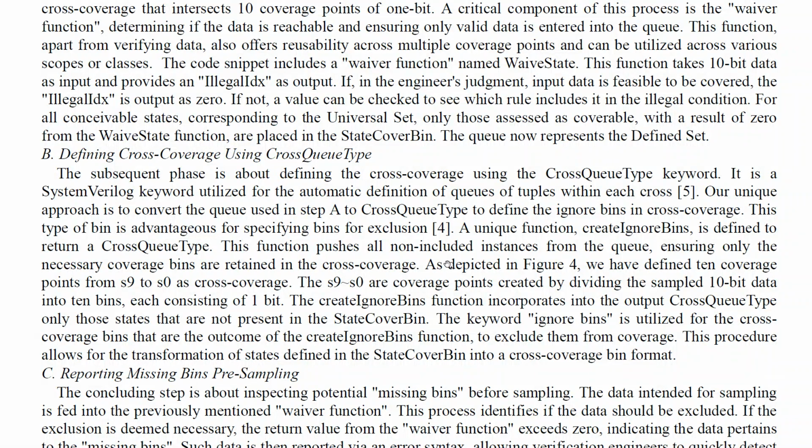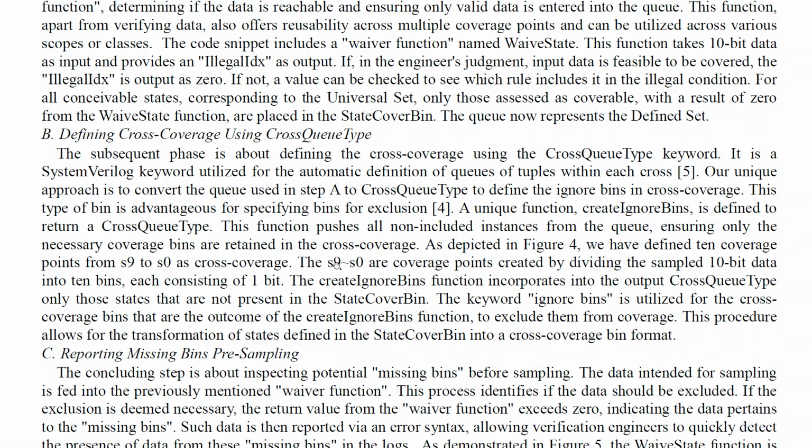cross coverage. As depicted in Figure 4, we have defined 10 coverage points from S9 to S0 as cross-select coverage. The S9 to S0 are coverage points created by dividing the sampled 10-bit data into 10 bins, each consisting of 1 bit.